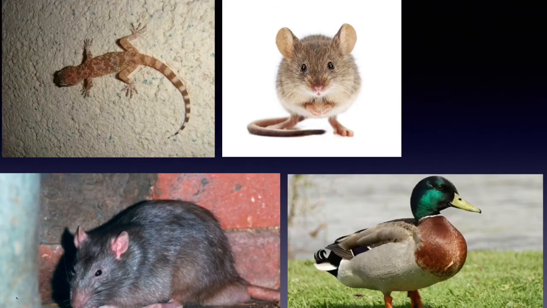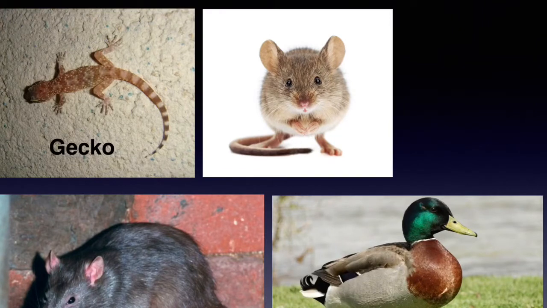And moving to some more household visitors, up in the upper left, eats a lot of bugs for us. We should say thank you to the gecko. That is a gecko.